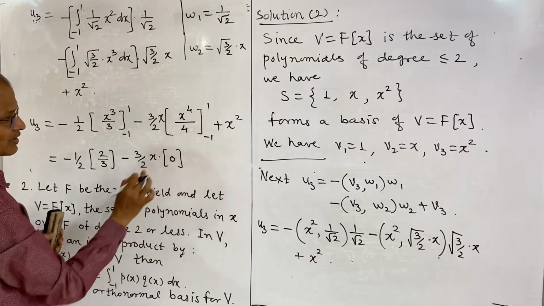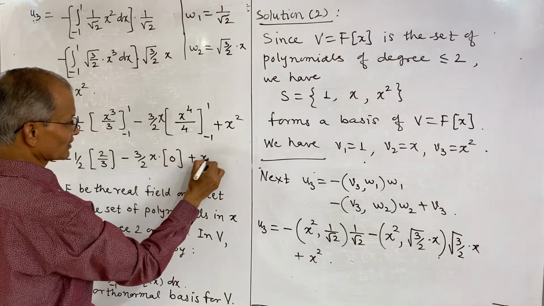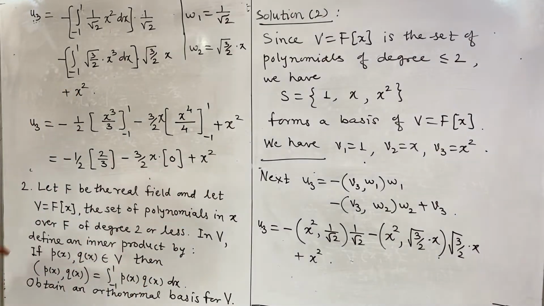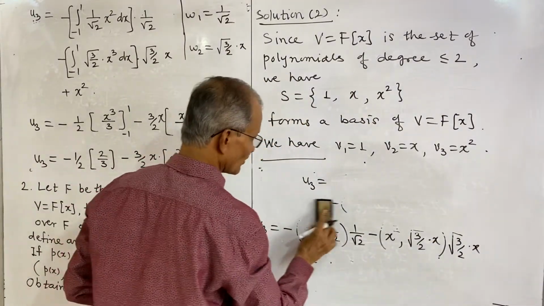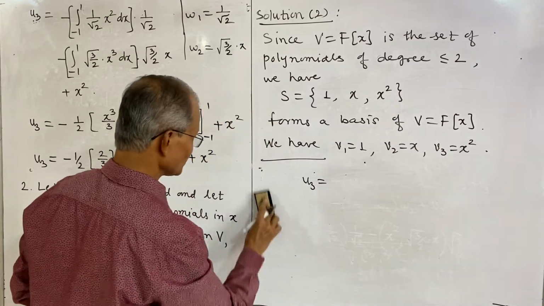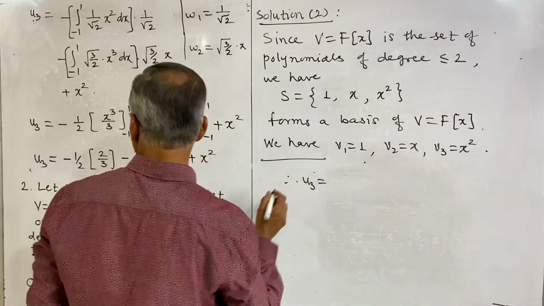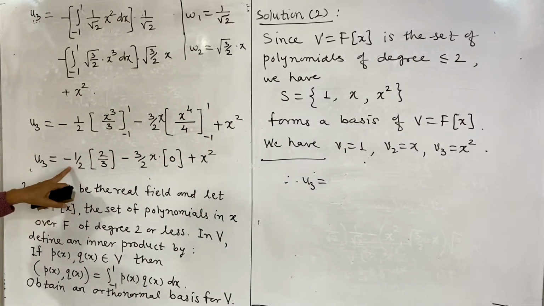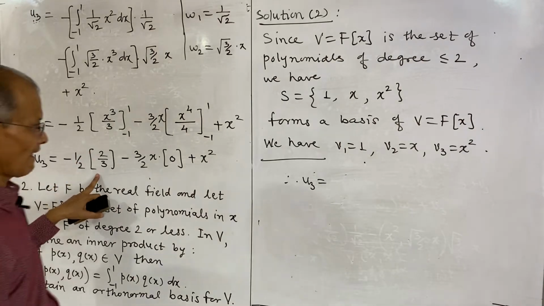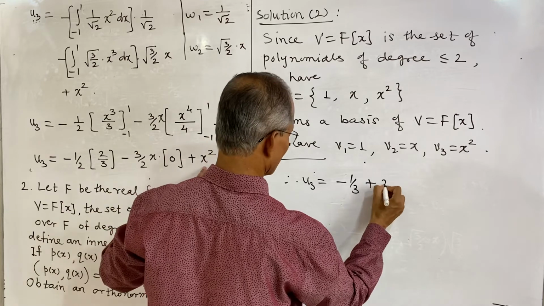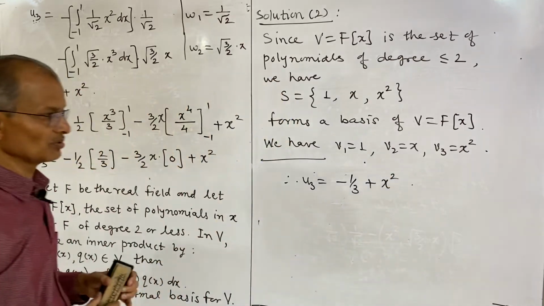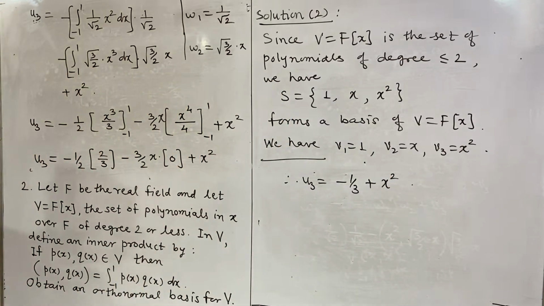The evaluation of this expression is 0, plus x square, and thus finally u3 is minus 1/3 plus x square. This is u3, and now we have to write w3.